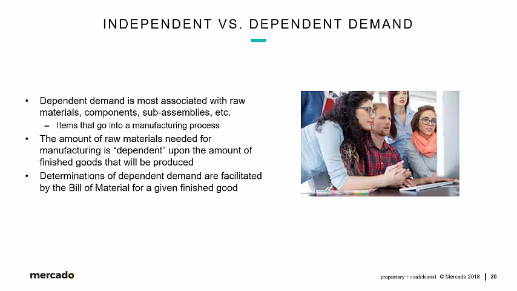That's the relationship, independent versus dependent demand. Let's repeat that in our second bullet point. The amount of raw materials needed for manufacturing is dependent upon the amount of finished goods that will be produced. Dependent demand, almost always raw material. Independent demand, finished goods. Determinations of the needs around dependent demand are facilitated by what's referred to as the bill of materials for a finished good.